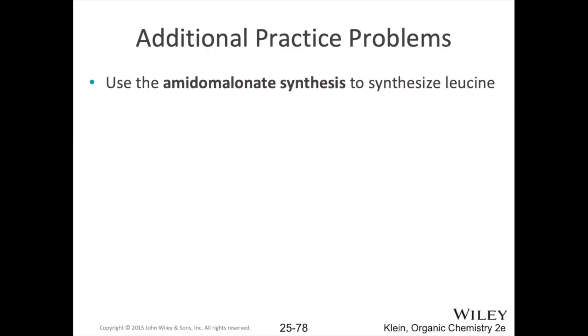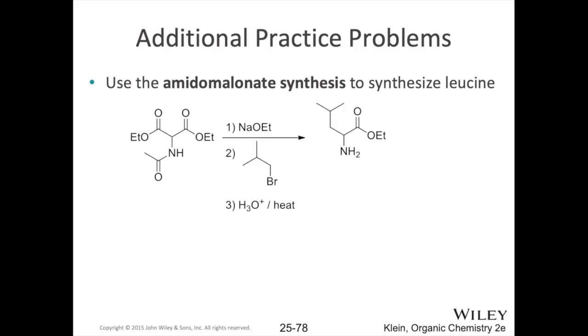All right, so let's try to make leucine here. So using the amidomalonate synthesis, you're starting off with your diethyl amidomalonate, and go ahead and try and add on that R group that would give you leucine. Okay, so here's the full mechanism.